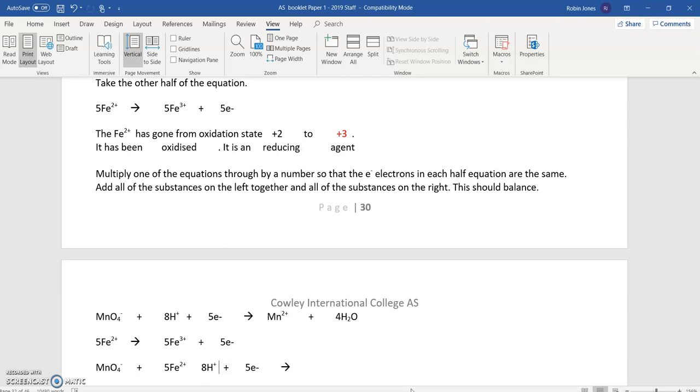So now I've taken everything from the left of both half equations, and now I'm going to take everything on the right of both half equations.